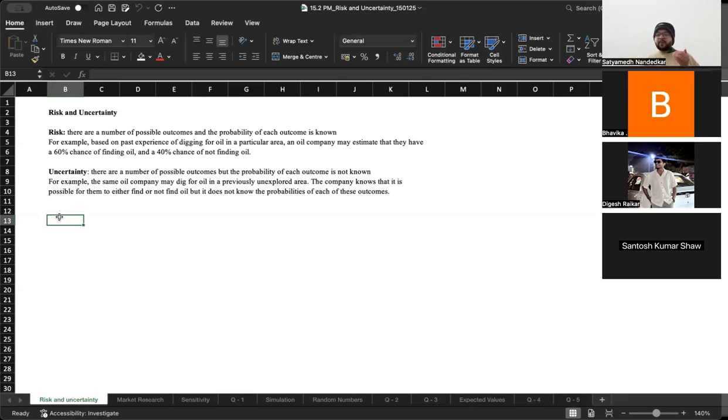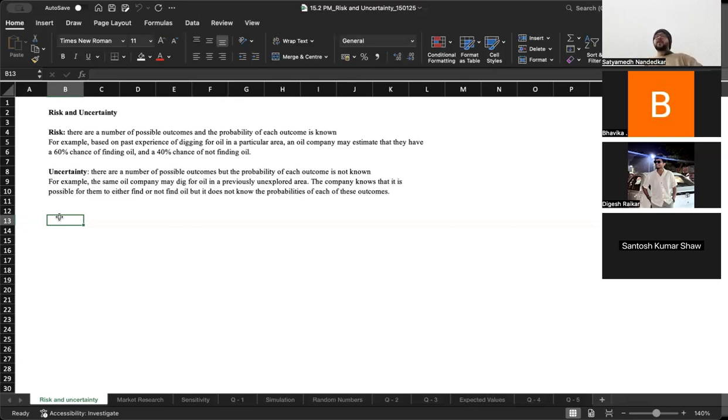The price can go up, the price can come down, or say for example, you are in the business of oil extraction. आपने drilling शुरू कर दिया. Now you start drilling here next to my house. There is a possibility that you will never find oil here because this is not an area where oil reserves are present.